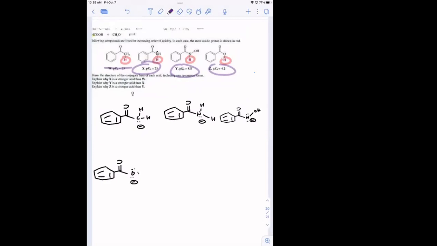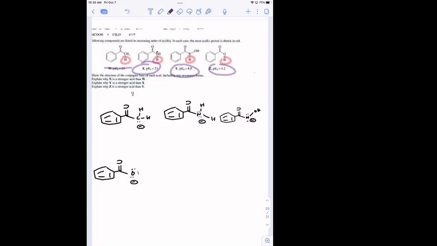If I say it's 100 times more acidic, that's 10 to the second, right? And we look at the pKa, you just subtract them out. So that's more acidic, yes. Not much in terms of pKa, but on a molecular level it is. So the question is why? Why is X a better acid than W?